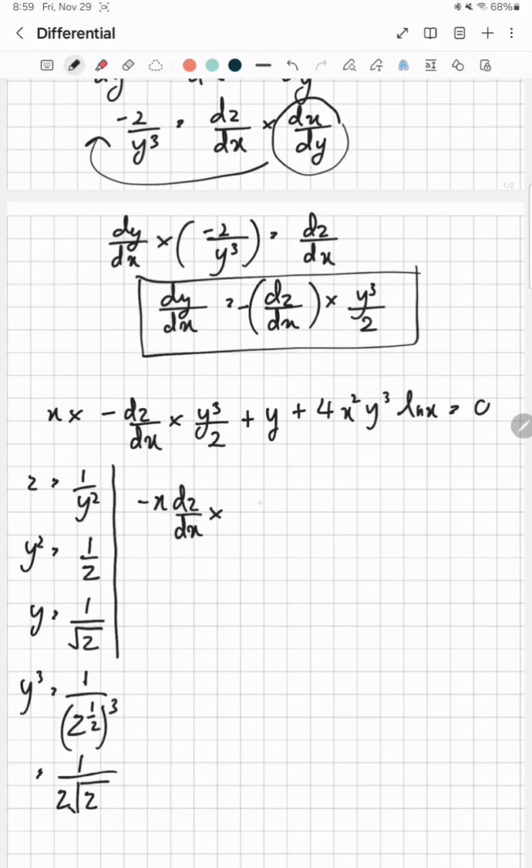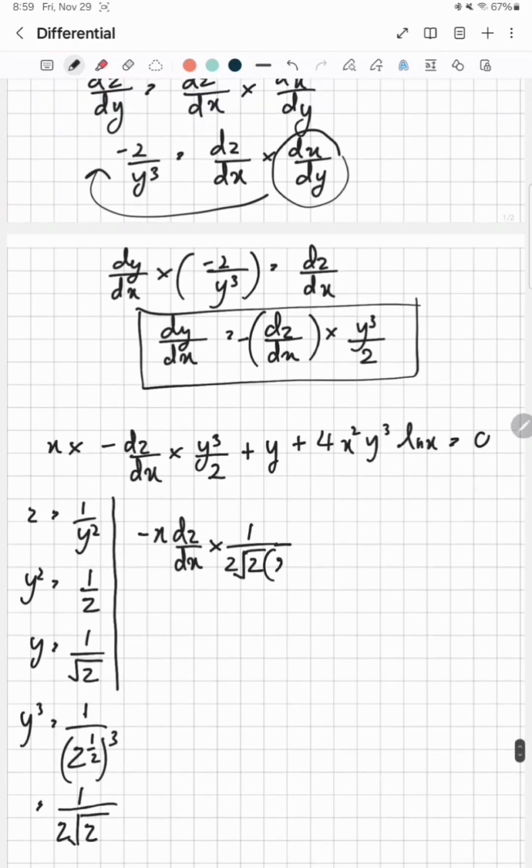So you can write this 1 over z into square root z into 2, plus z. I'll write the continuation below. Plus 4x squared into 1 over z root z, and then x equals 0.